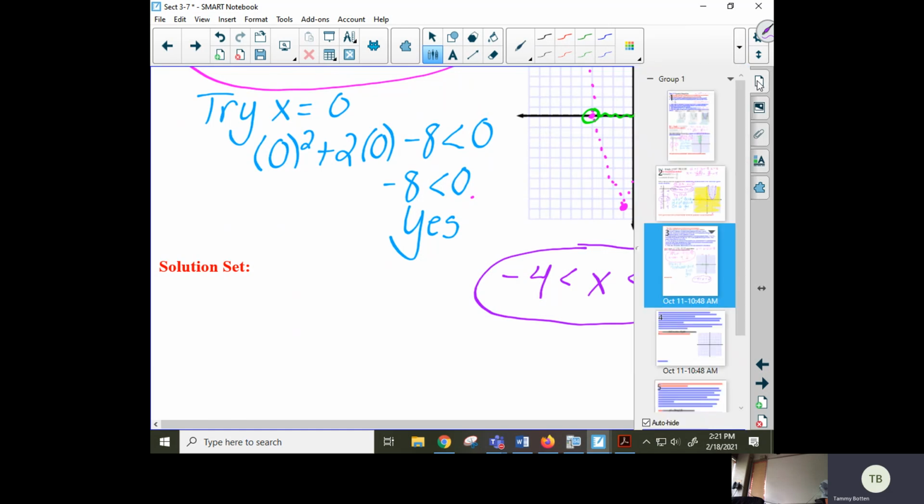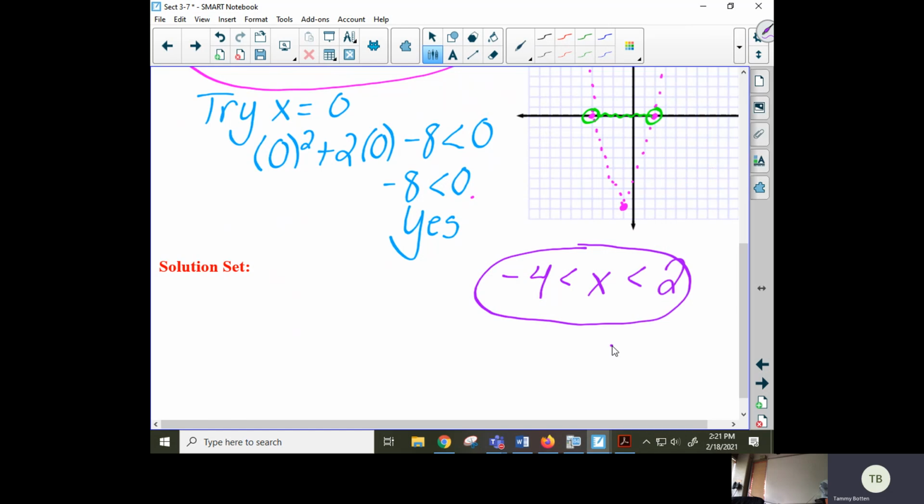Okay. Where did you get the green one? I chose 0, and it worked. So that means, because what you're checking, you're either going to have this shaded or the outside 2 shaded. So I tried x equals 0 and it worked.